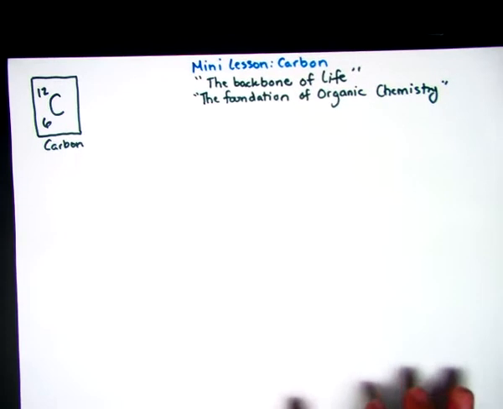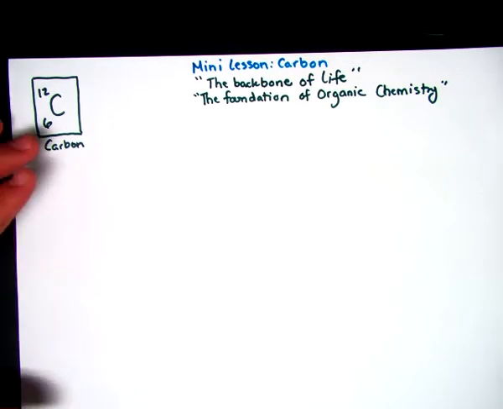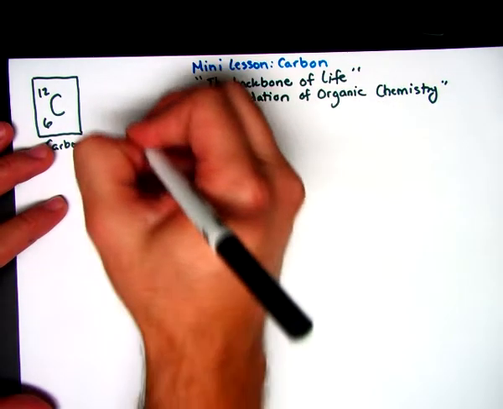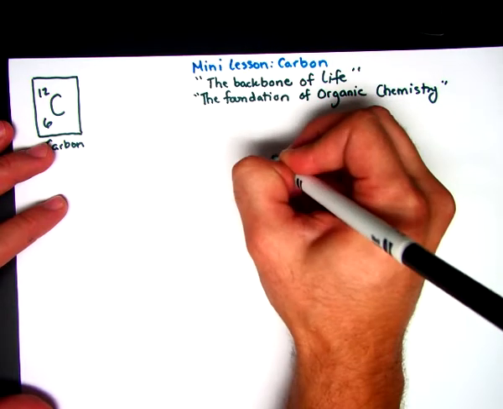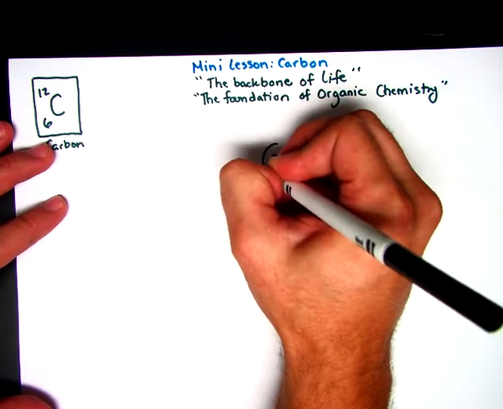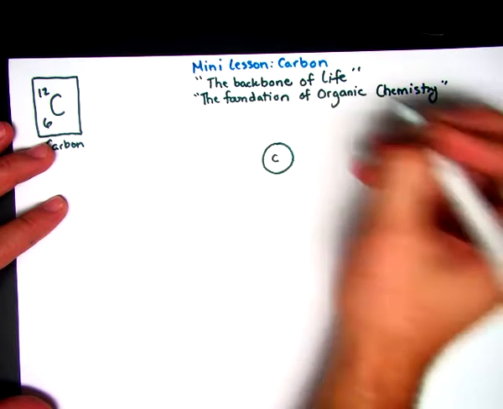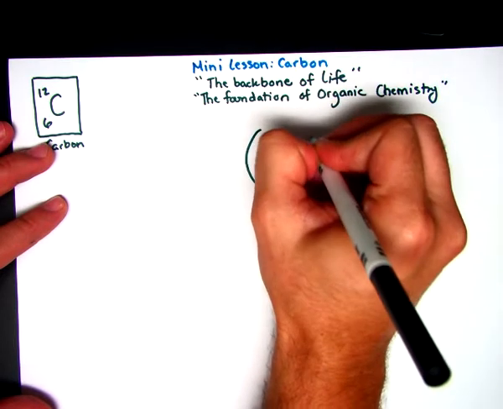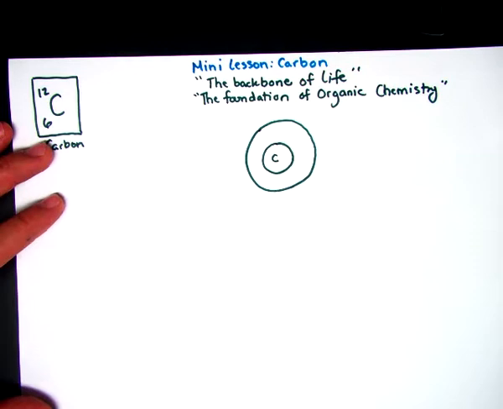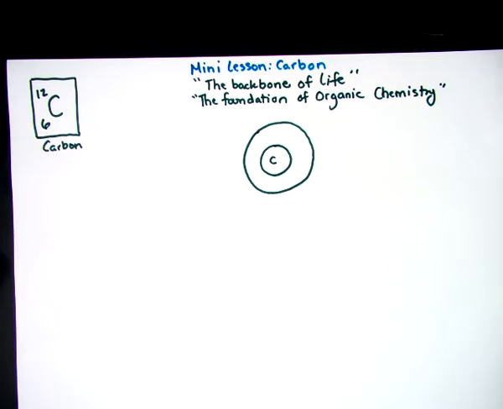So, a carbon atom. Sophia, if its atomic number is 6, what does that mean? Six electrons and 6 protons, right?